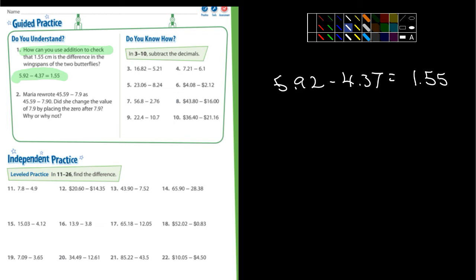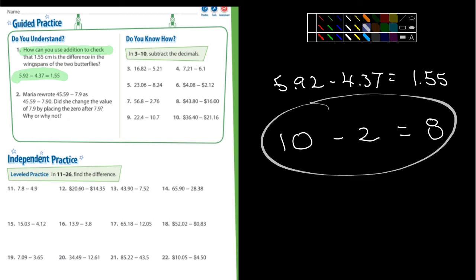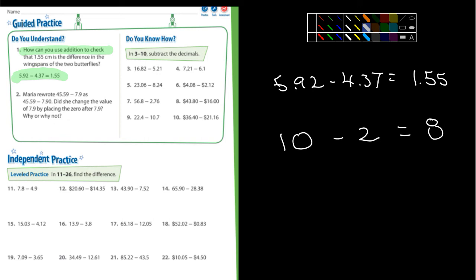What if I had a simple problem like 10 subtracting 2 equals 8? Looking at that for a moment, how could I use addition to see if that is the correct answer?